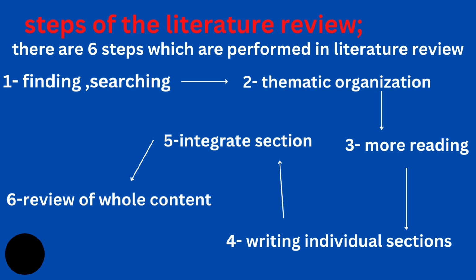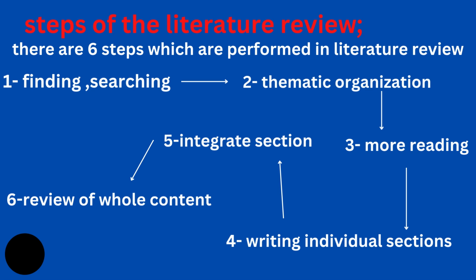These are 6 steps. Number one is finding and searching. First, we go find the content of our interest. Then we thematically organize the content that we understand, and we underline or concisely gather it. Then we go for further reading and we come to know more and more content and add it into our thematic organization.